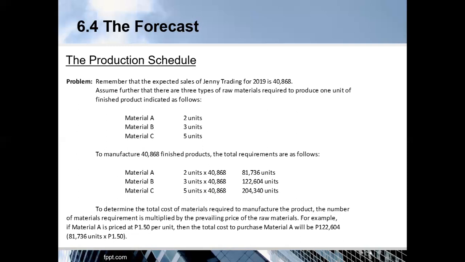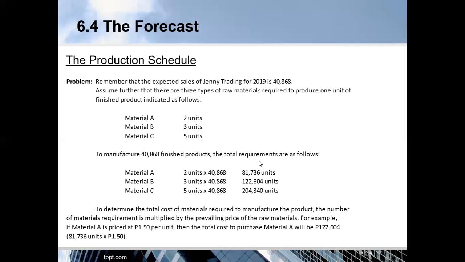So multiply natin kung ilan yung gusto nating ma-produce, like 3 units times 40,868. Then yung material C, 5 units yung kailangan natin para makapag-produce ng 1 unit, so 40,868. Okay? Ito yung mga kailangan nating bilhin na raw materials para ma-meet natin 'tong finished products natin.